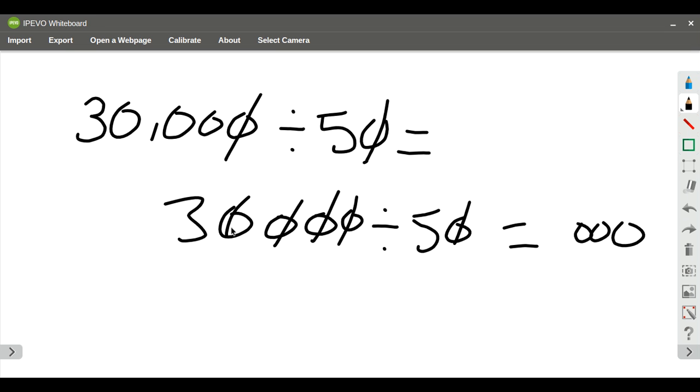I'm left with 3 divided by 5. That's not a math fact that I have learned how to do yet, and it's not going to give me a whole number answer. So when you notice that this happens, you're going to have to put that 0 back. The only 2 zeros I can take out are these 2, because then it leaves me with 30 divided by 5. So I'm going to put these 2 zeros here, cross them out. 30 divided by 5 is going to be 6, for 600.